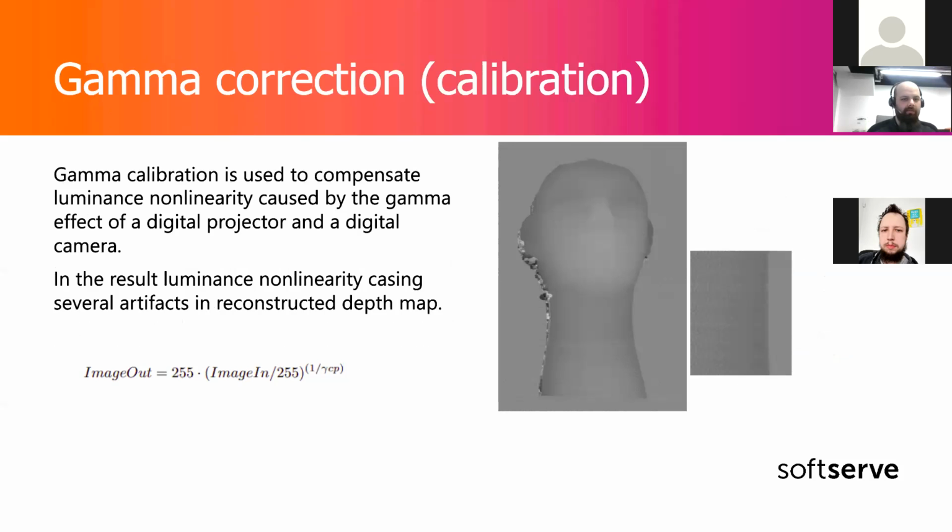So we need our fringe patterns, which we will project to extract the depth map, to be very linear, to gain maximum information from the pattern reflection. So we also need to account for the gamma effect and make some additional gamma calibration.